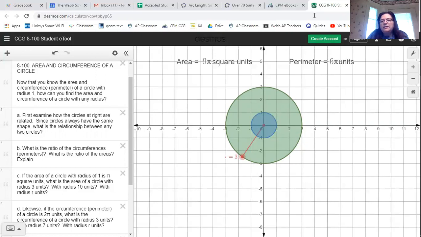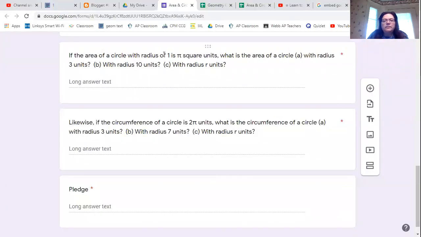So if I go back and look at my Google document, it's asking me, what is the area of the circle? And then it has A, B, C. What's the area of a circle if it has a radius of 3 units? We just talked about that. It would be pi r squared, which is 9 pi.